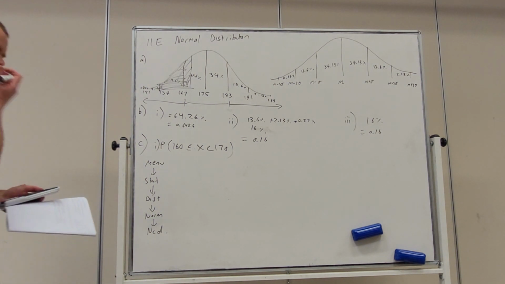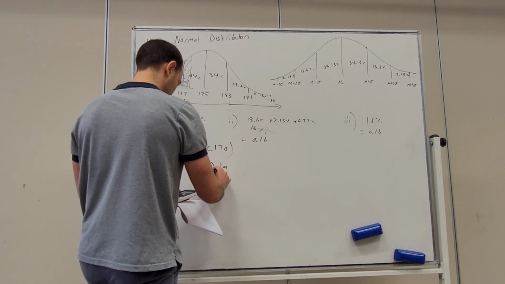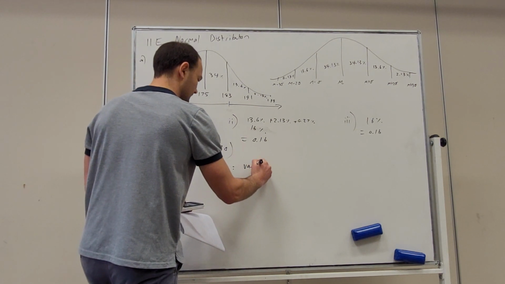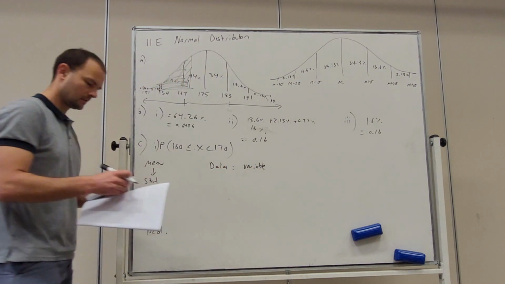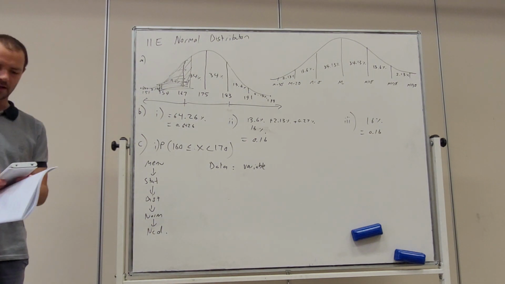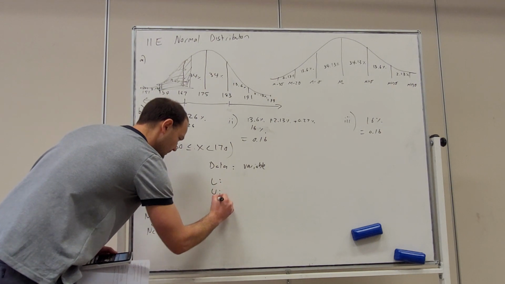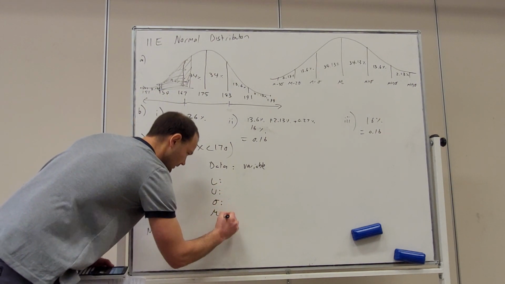Now, there's a number of settings. Firstly there's data, and you need to make sure that is set to variable. Then you'll notice there's lower, upper, standard deviation, mean. I'm going to write it out like this: lower, upper, standard deviation, mean.